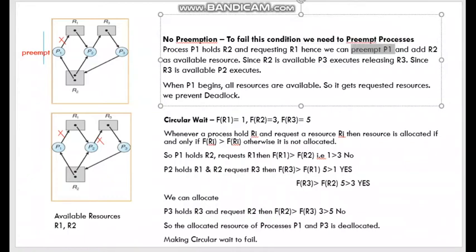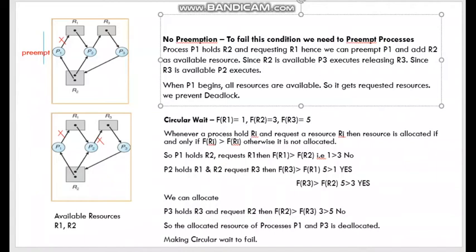This link where it is requesting is broken, and R2 is now available, so add R2 as an available resource. Then P3 executes, releasing resource R3. Since R3 is available, P2 gets executed.